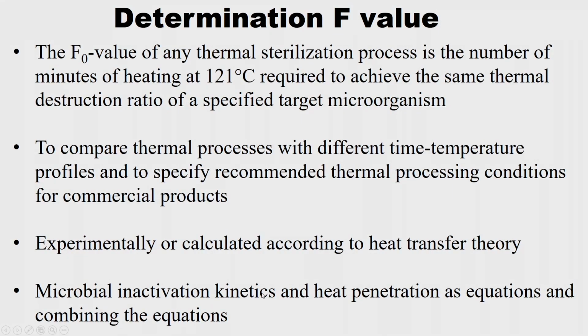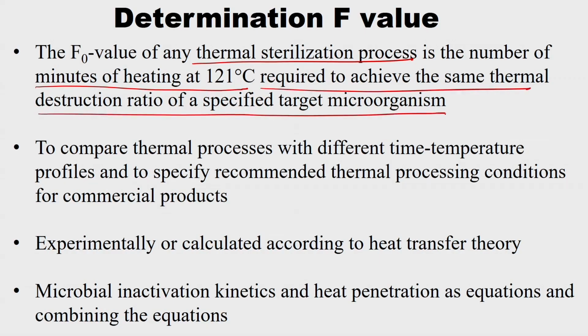So, the F naught value of any thermal sterilization process, whether we talk about sterilization or pasteurization, is the number of minutes of heating at 121 degrees centigrade required to achieve the same thermal destruction of a specified target organism, right. So, this reference temperature I will keep as 121 degrees, and the Z value, or sometimes they put it as 250 degrees Fahrenheit, and Z is nothing but 10 degrees.